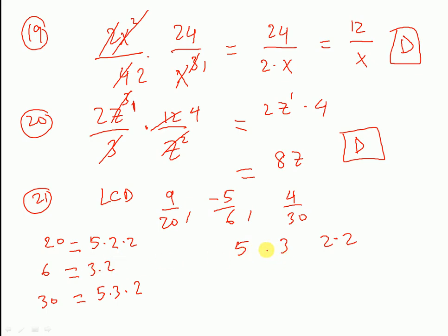For 3, the first one has no 3, the second one has one 3, the third one has one 3, so we pick one 3. For 5, there's one 5 here, no 5 here, and one 5 here, so one 5 is the largest number of 5s. We multiply all of them together: 5 times 3 times 2 times 2, that's 60, or D.